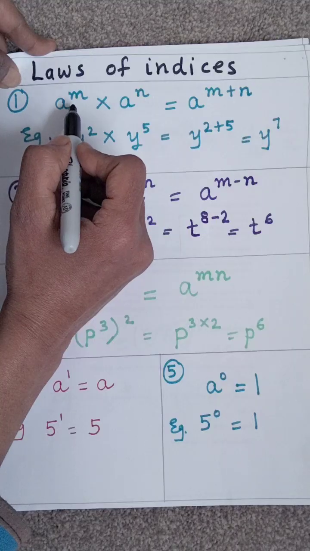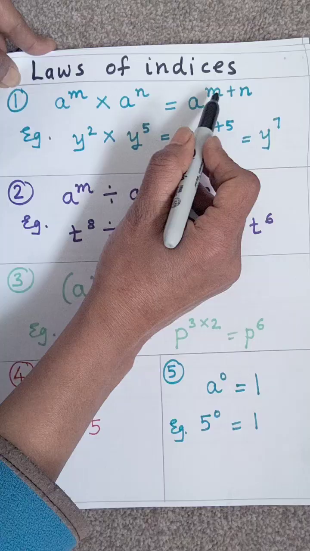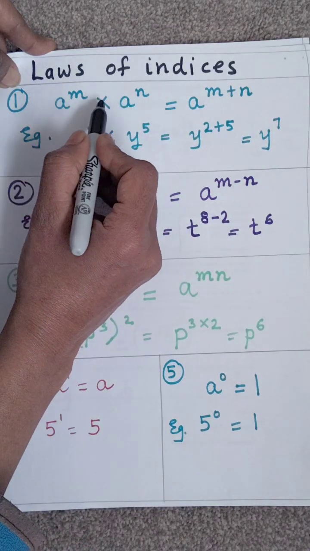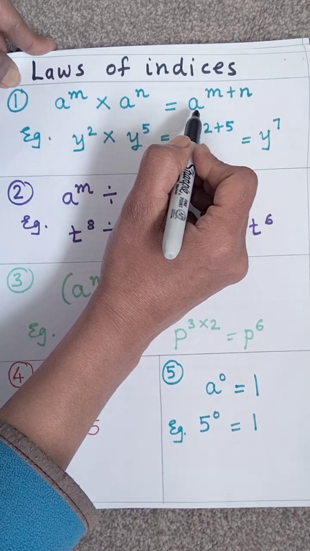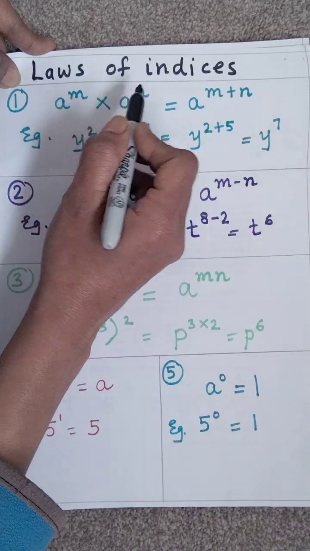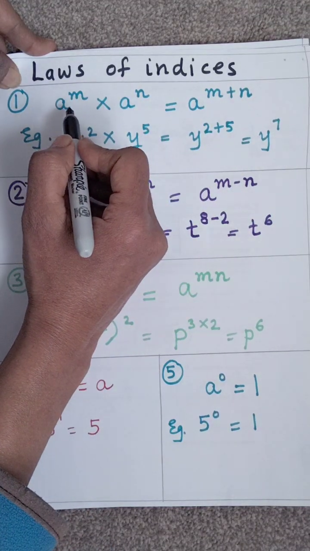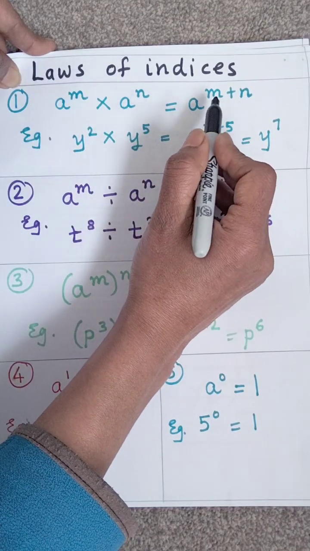So a raised to m times a raised to n is equal to a raised to m plus n. Whenever there is a multiplication sign in between, we write the same base a and we add the indices, m and n.